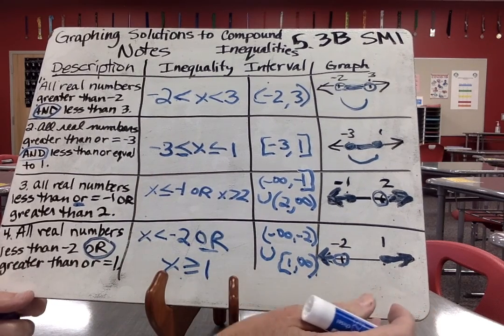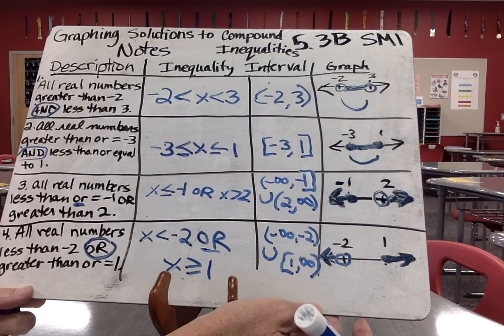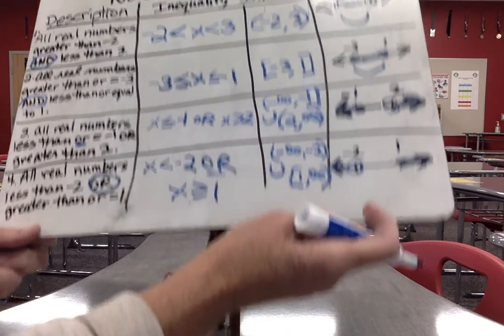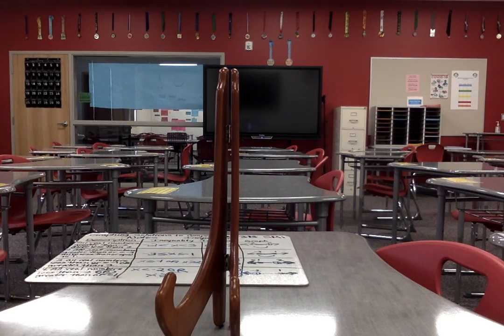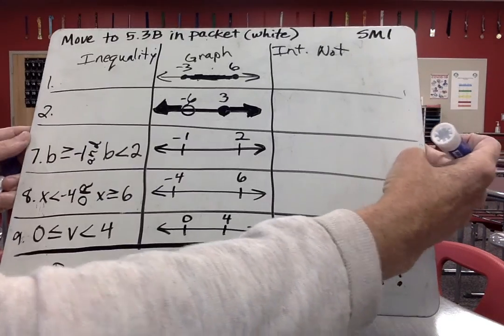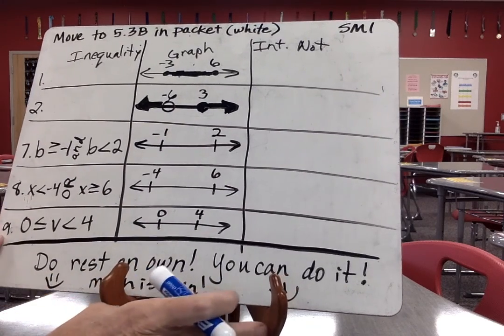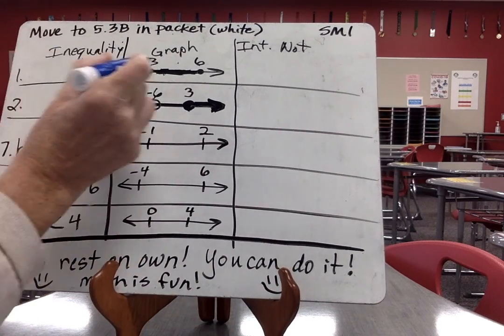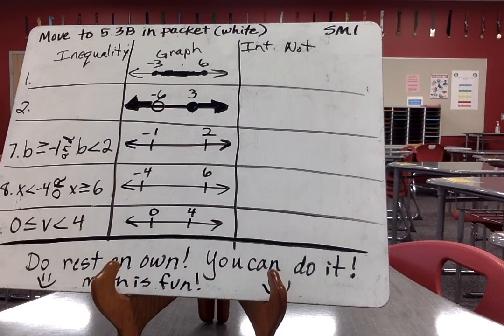Now we're going to shift from our notes in the green packet and do a few problems in our homework packet, the white one. Right here we have our graph. We need our interval notation and our inequality.